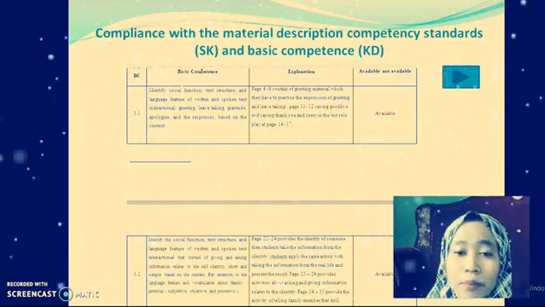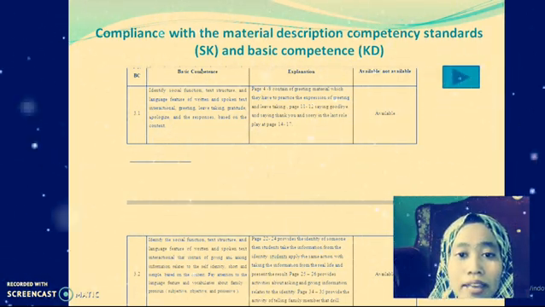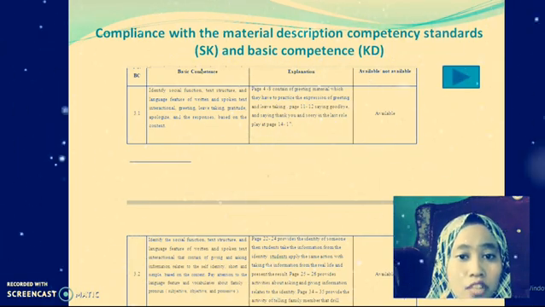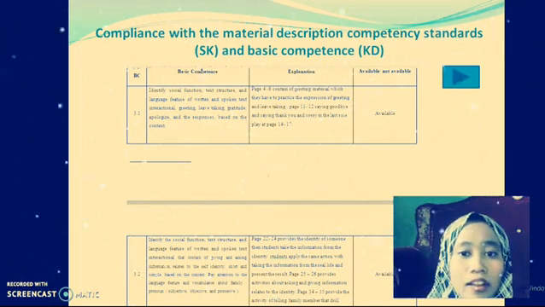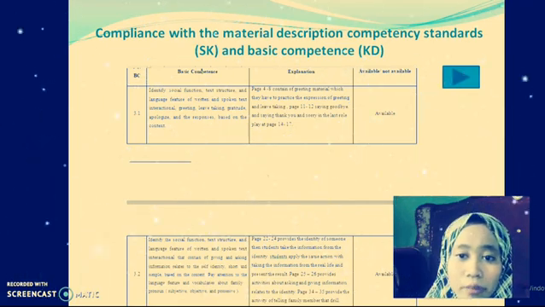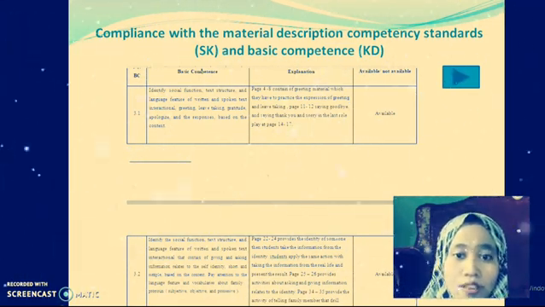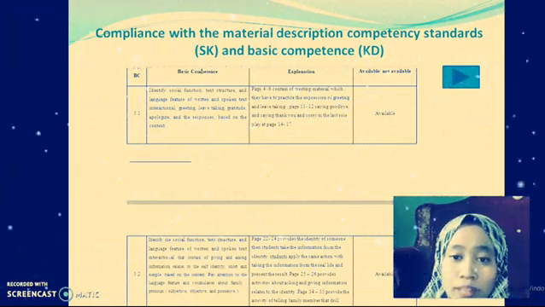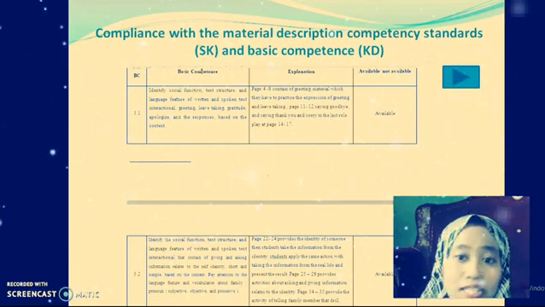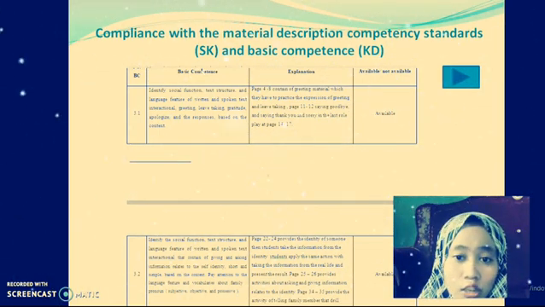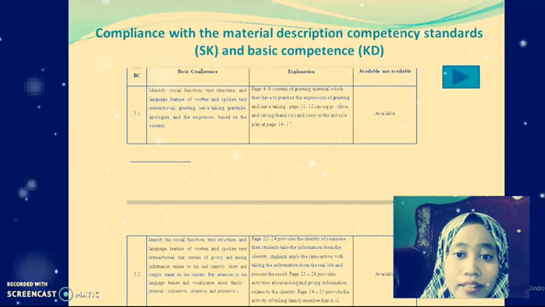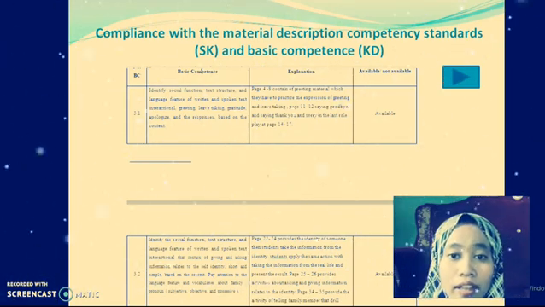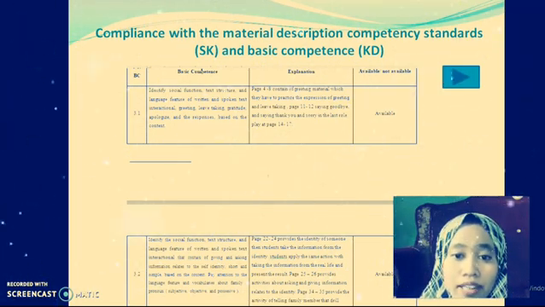It can be proven by seeing pages 4 until 8 that contain greeting material, which they have to practice the expression of greeting and leave-taking. And also pages 11 until 12, the material is saying goodbye and saying thank you and sorry, and also role play at pages 14 and 17.